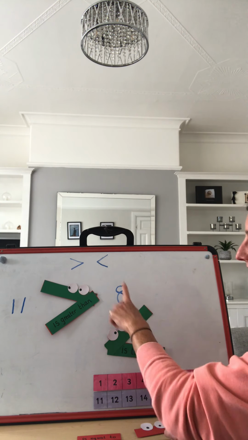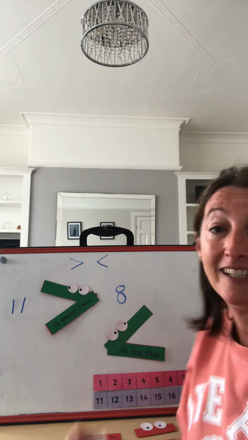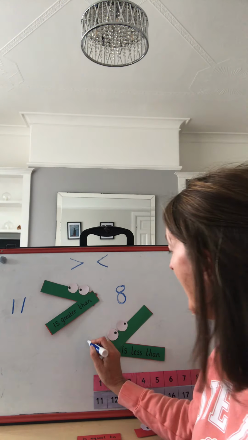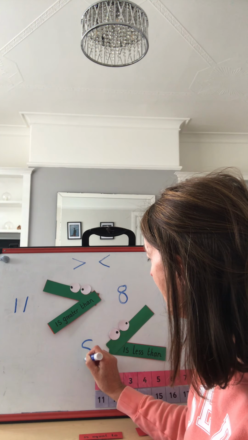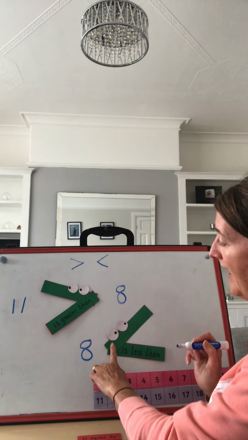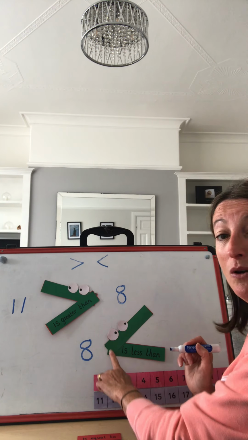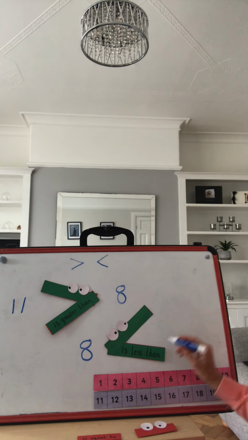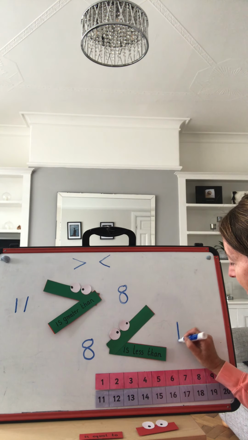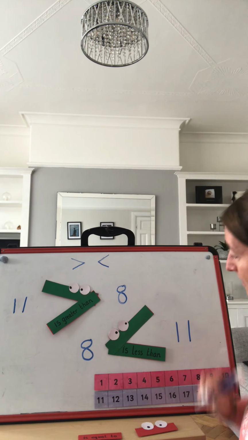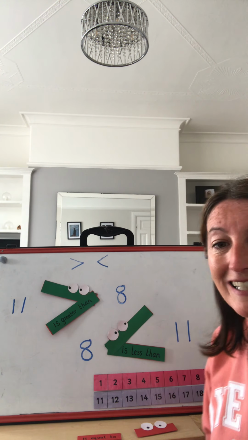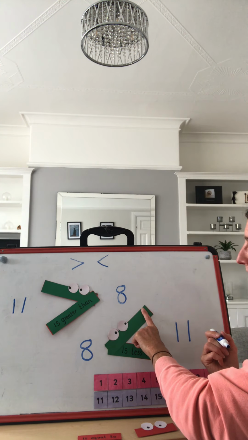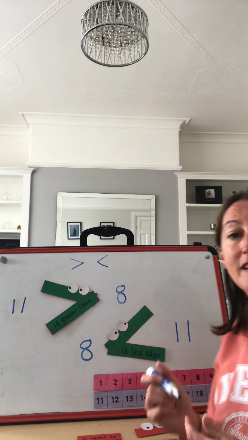And if we were saying 8 is less than, is smaller than, 8 is small, so he goes to the smallest part of the crocodile. It doesn't go to the big mouth, because he only eats the biggest number. 8 is less than 11, because the crocodile is eating the biggest number. Can you see his mouth is much wider and bigger next to the big number?